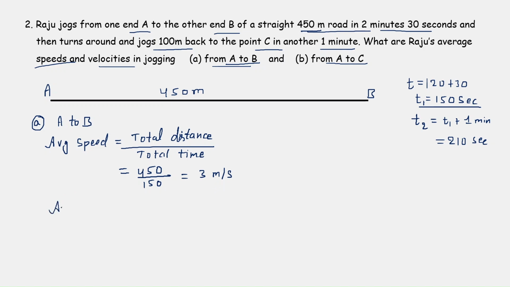And what about average velocity? Average velocity will also be the same because he has traveled from A to B, that is a straight path. Again, you are going to get the total displacement. So here we will consider total displacement by total time taken.